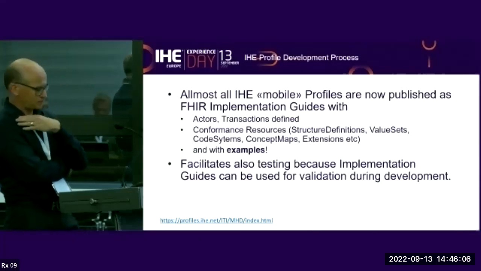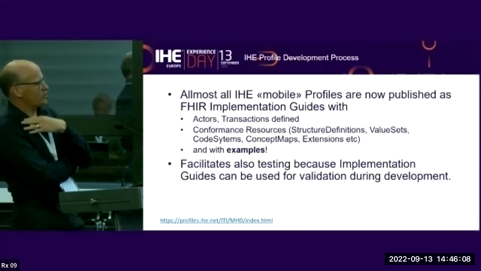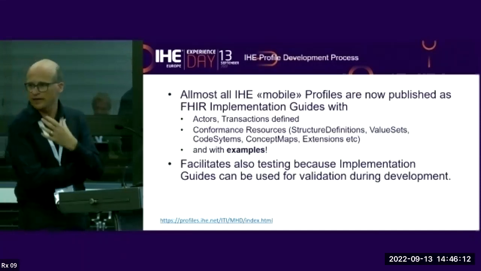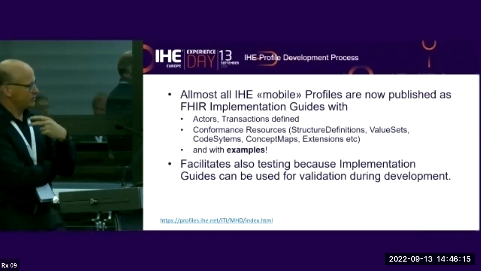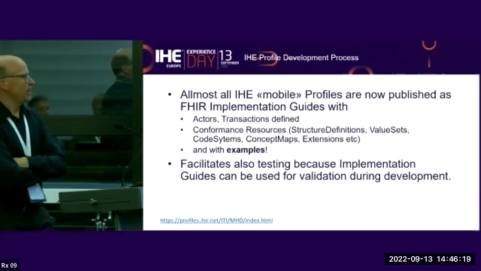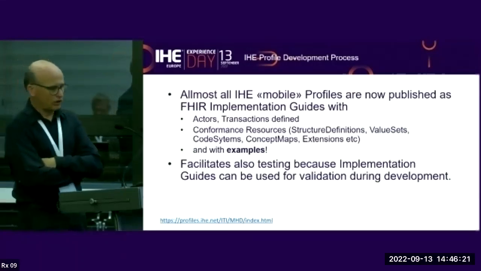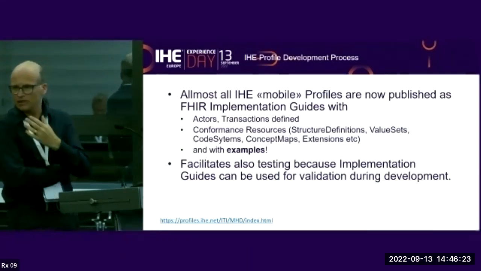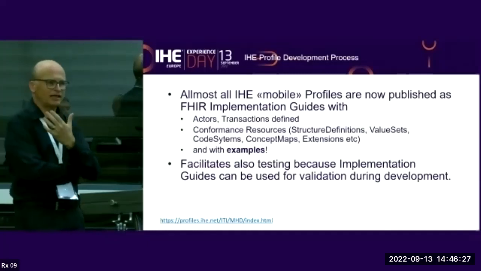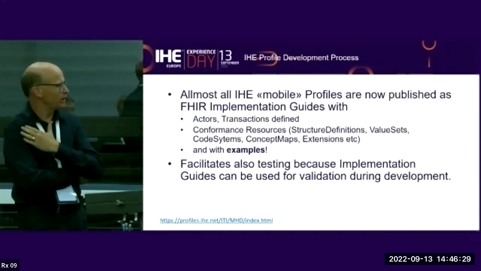When you do a specification based on FHIR, you define so-called structure definitions, value sets or code systems. You can add all this into the implementation guide, and this makes it much more suitable for testing, be that at project-a-thons or connect-a-thons, because you can validate while testing and developing.